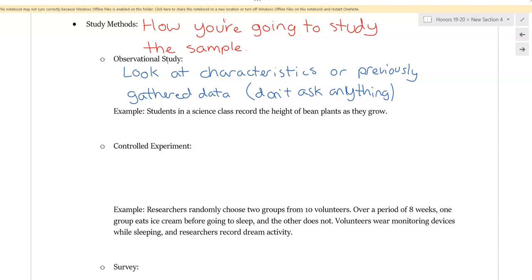Okay. The next thing we have is a controlled experiment. Controlled experiments are where you form two groups and change the behavior of one.